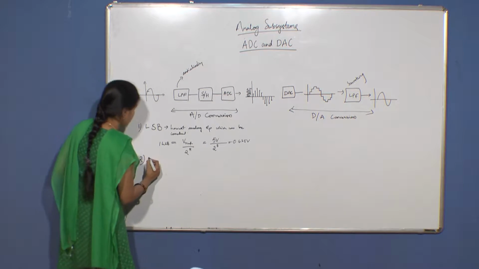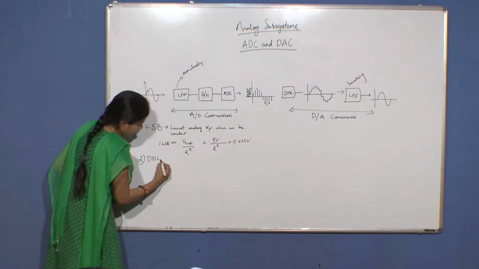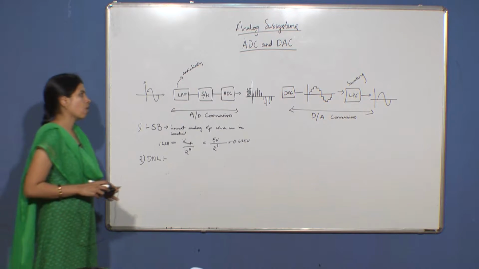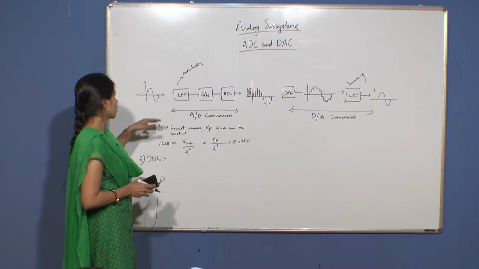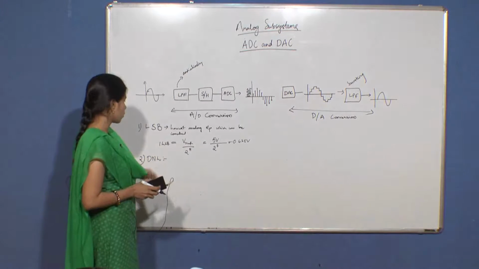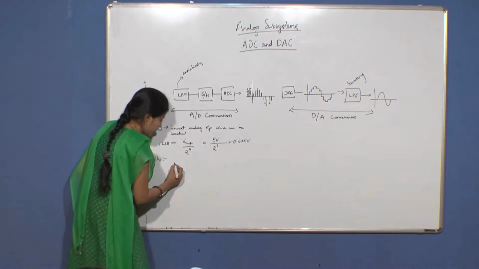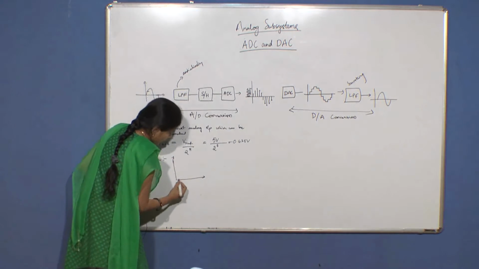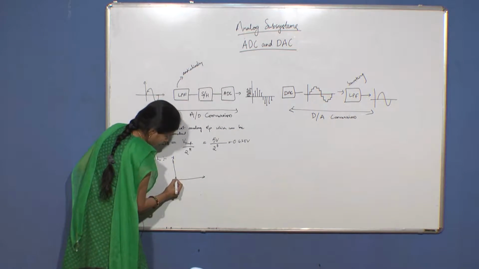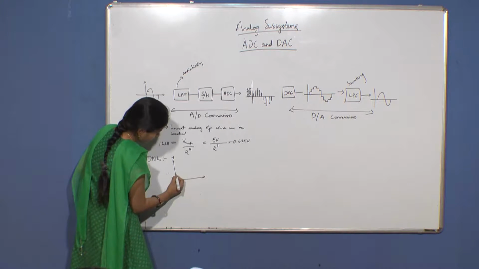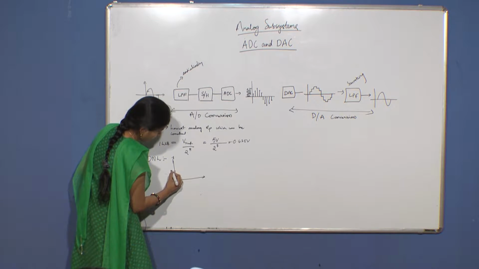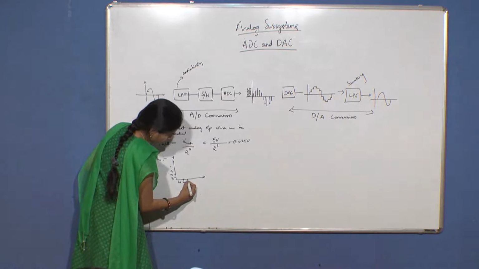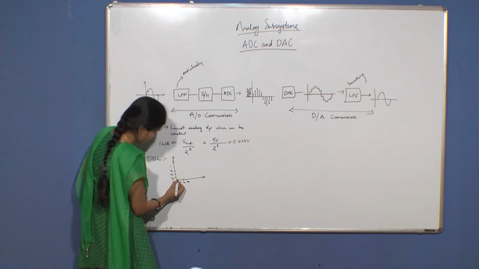Then you have the DNL, which is the differential nonlinearity. It is caused by the non-ideal analog components, which deviate from the ideal values. Let us say you have 1 by 8, 2 by 8, 3 by 8 and so on. Here you have a digital signal 0000, 0001, 0010.